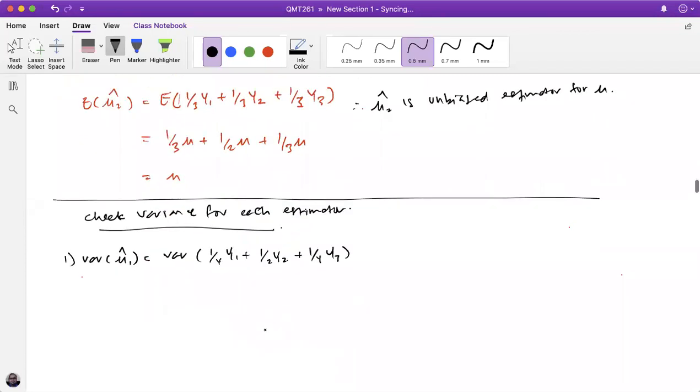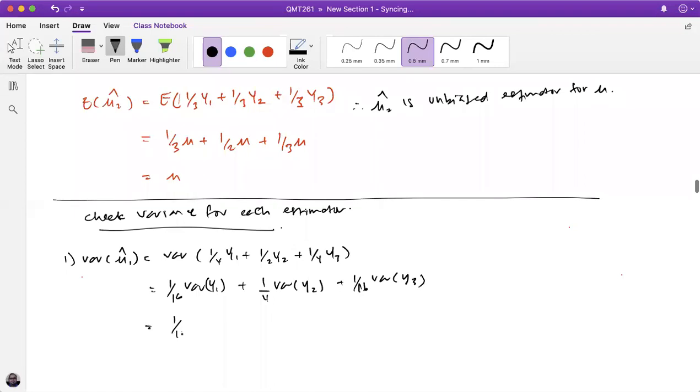So this one should be 1/16 variance of y1 plus 1/4 variance of y2 plus 1/16 variance of y3.